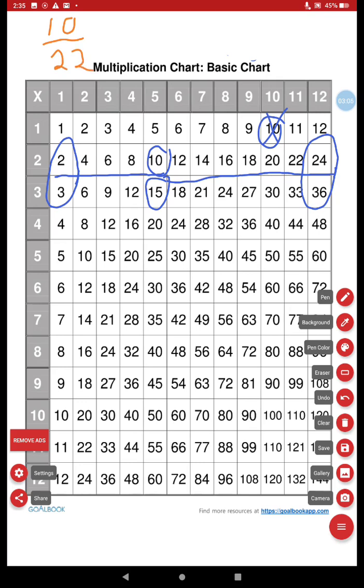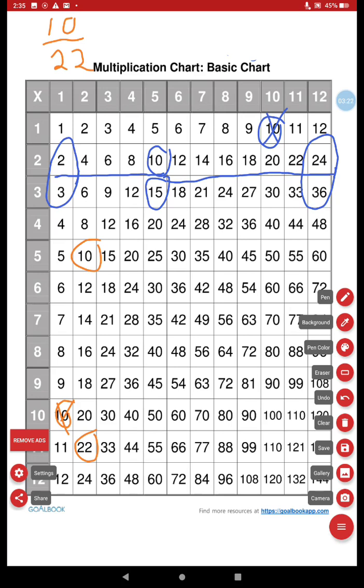All right, let's go into the columns until we can find 10 and 22. Here's 10, but is there 22? No. There's 10. Is there 22? Yes. 10/22 is on there, even though they're not directly on top of each other.